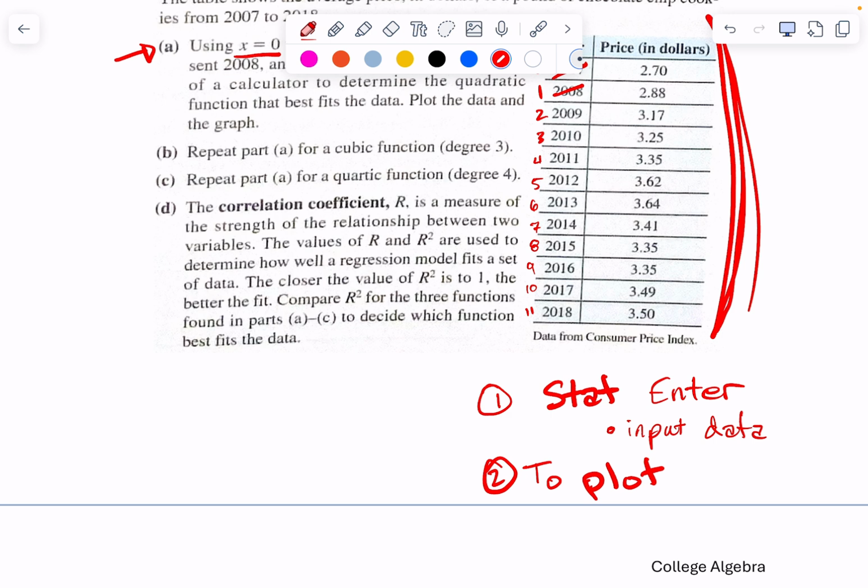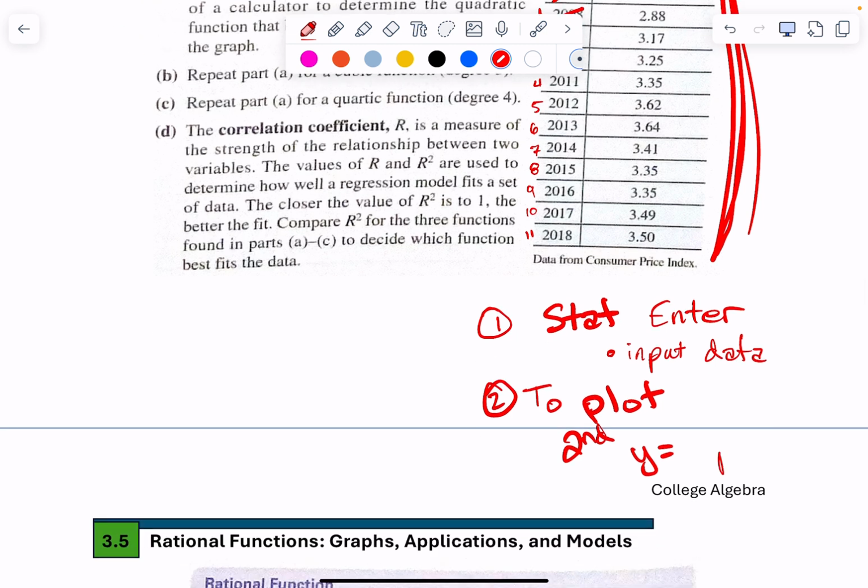Your first stat plot should be on. If it's off, you have to hit enter and turn it on.